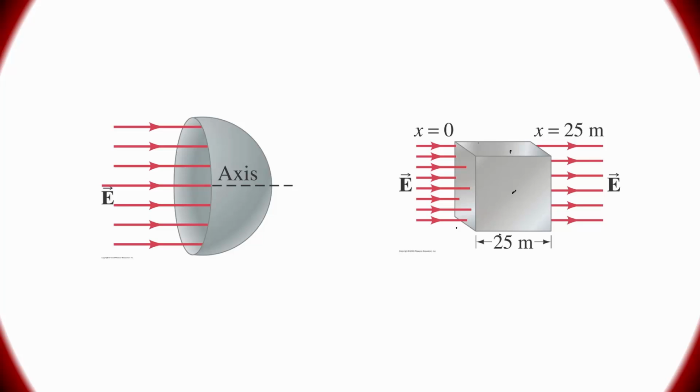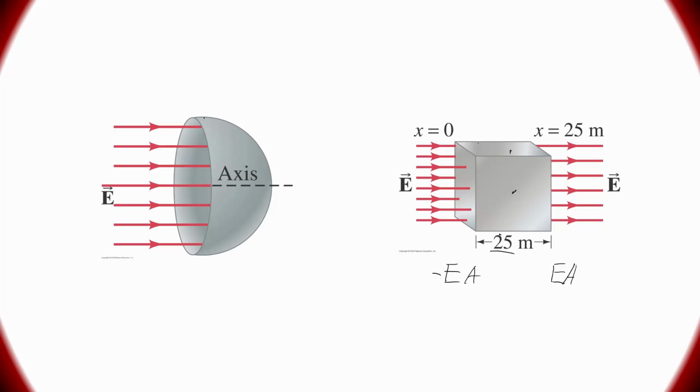And then we could find the flux through this side and the flux through the other side if we knew the magnitude of the electric field, and then we've got the dimensions here so we could find the area. So we could just do E times A for each side. And because they have equal areas and the electric field is constant, we know that on this side it's going to be negative EA, over here it's going to be positive EA, and the total flux would be 0 for this situation.